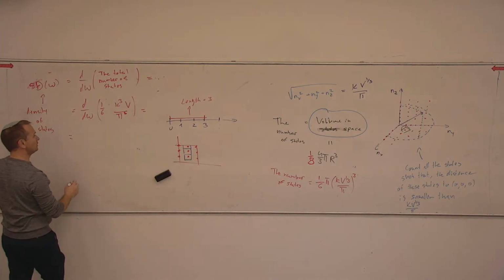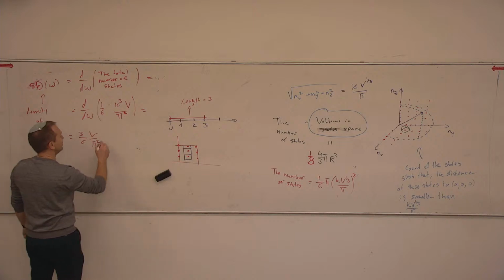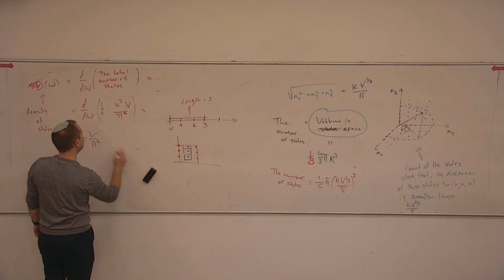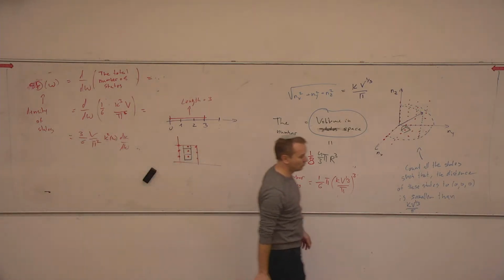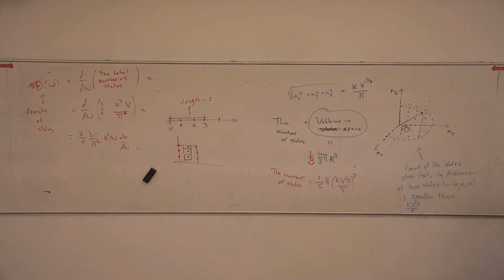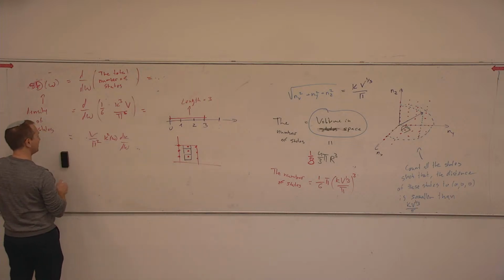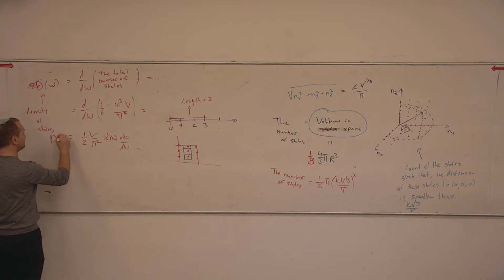And it equals 3 divided by 6 V pi squared, multiplied by k squared of omega dk/d omega. So we can replace this 3/6 by 1/2. This is our density of states.